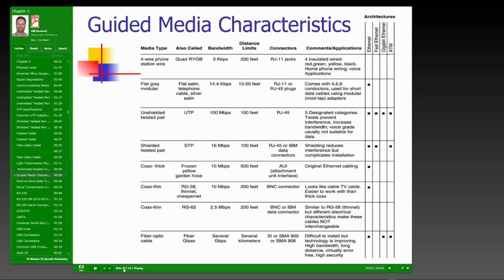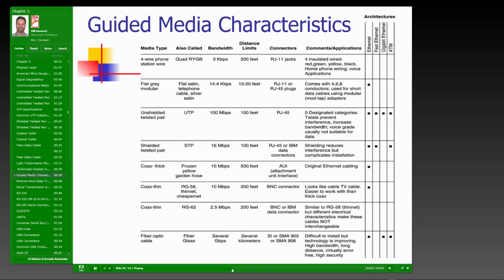This is a good table to refer to so that you can remember some of the properties about all these different cabling types that we've talked about. It goes through some of the lower level categories of the UTP cable, and also covers STP, coaxial, and fiber optics.